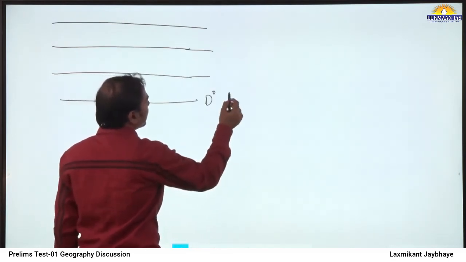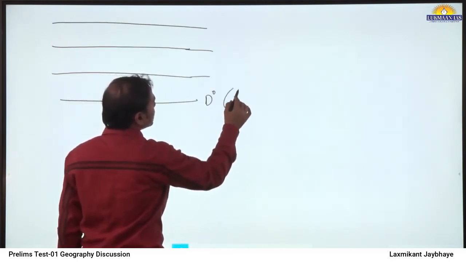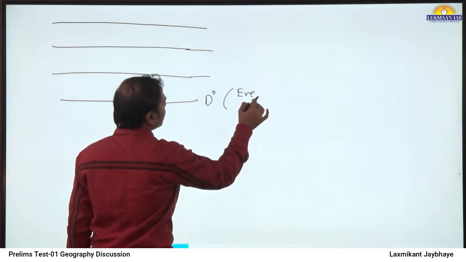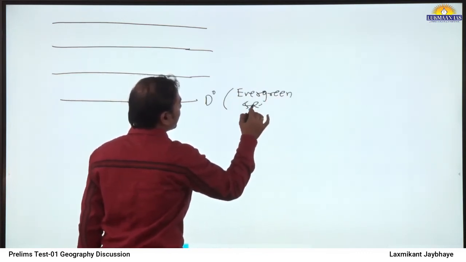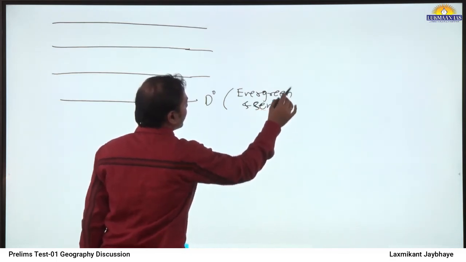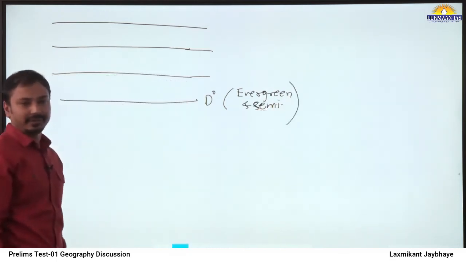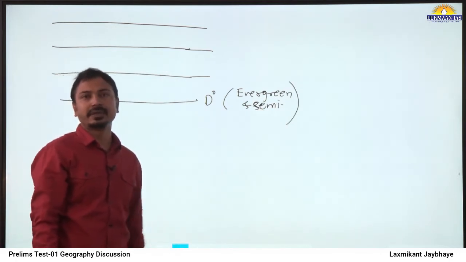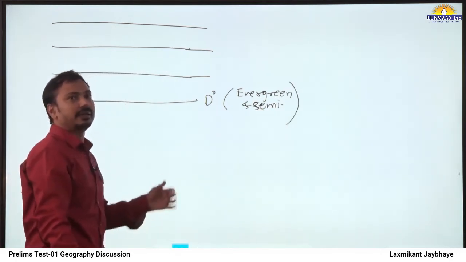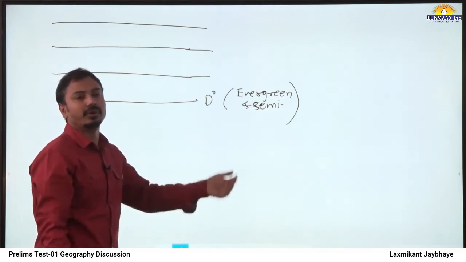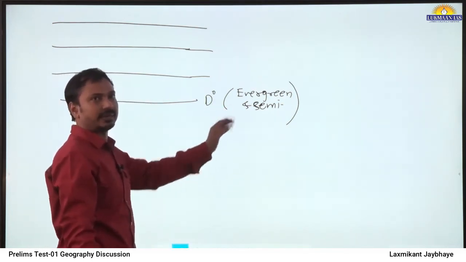Okay, so at equator or near equator, which type of forest? Evergreen and semi-evergreen. So different varieties of trees are found there. So high biodiversity. ठीक है, so high sunlight, high temperature, high rainfall also. This is the characteristic.